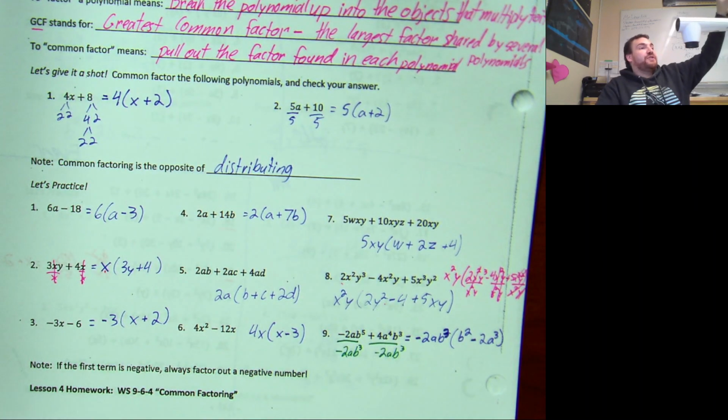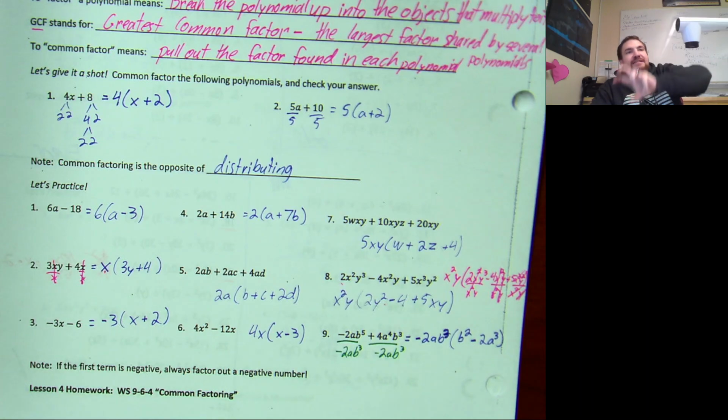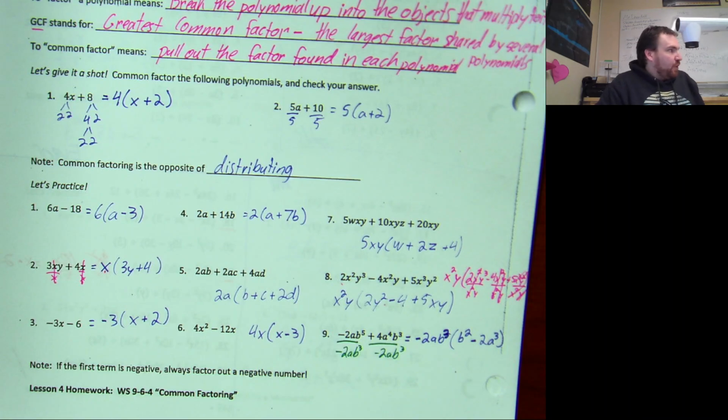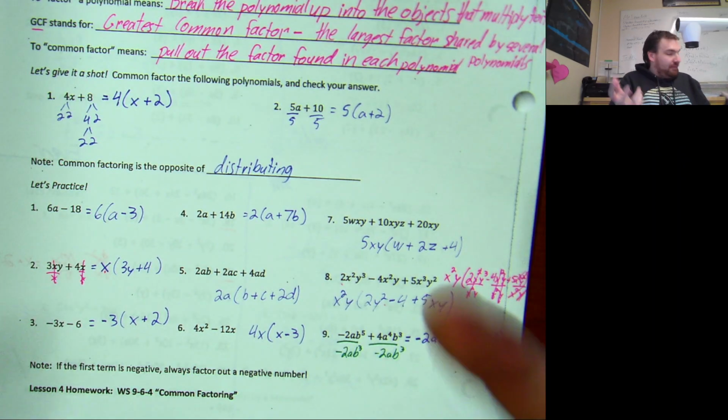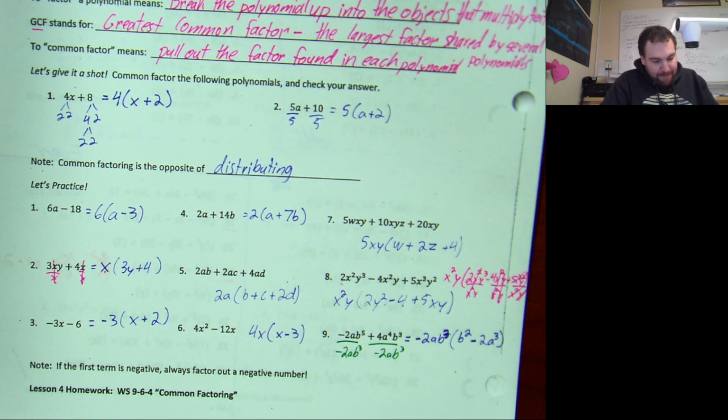Instead of multiplying what's out front by everything inside, we're taking everything inside and pulling one common thing out from everything. We're basically undoing distribution. Is there a name for that? Yes, common factoring. That's literally the whole point of today's lesson. It's just how to undistribute, how to undo distribution.